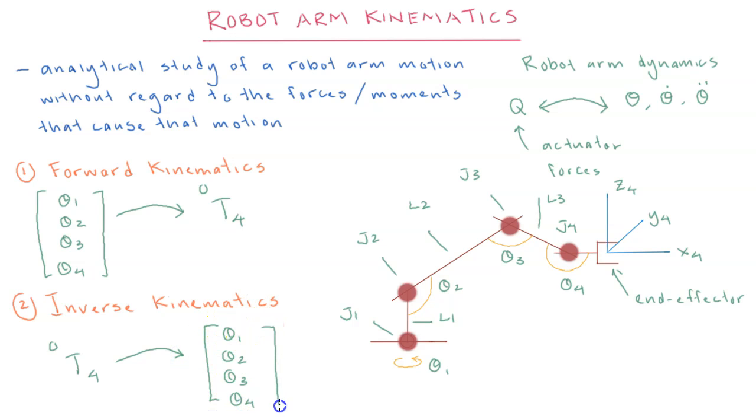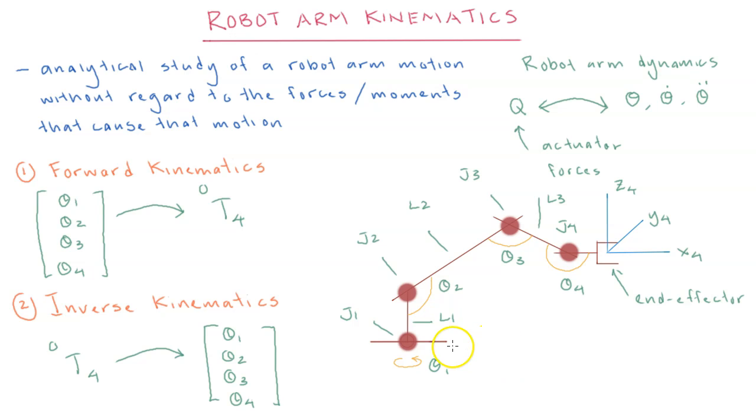So you'll be wondering, what are the application of forward kinematics and inverse kinematics? So with forward kinematics, if we know the minimum and maximum values of these angles, then you can compute what is the maximum area of your task space.